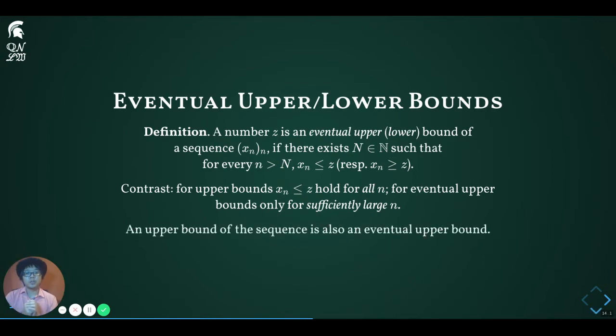If you look at the definitions, quite clearly an upper bound, which requires the inequality to hold for all indices, must also be an eventual upper bound. We can just take capital N to be 1. The same holds for lower bounds.